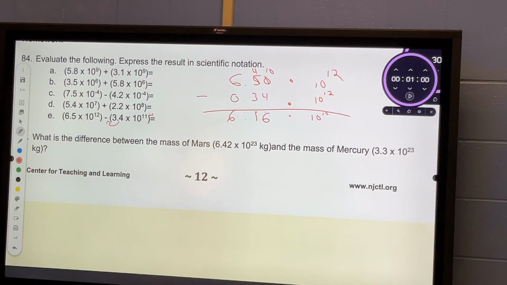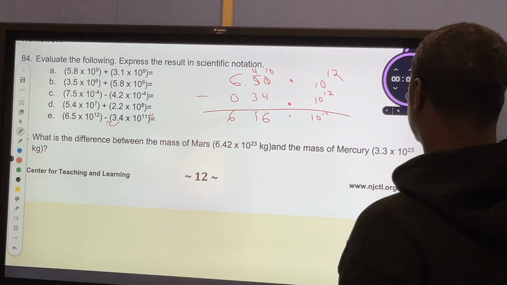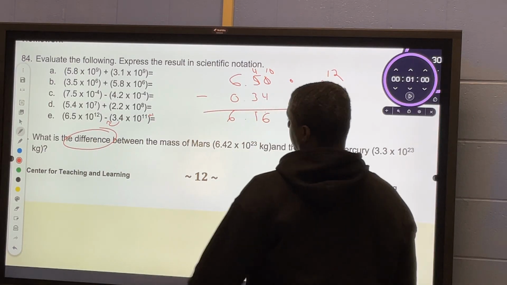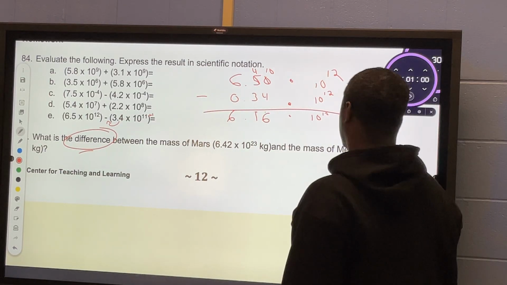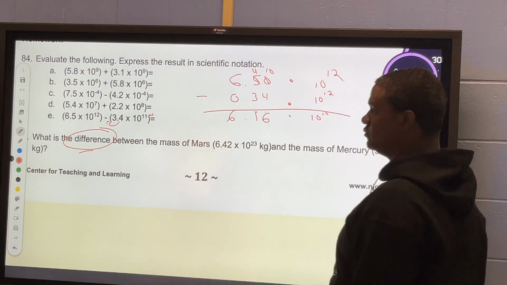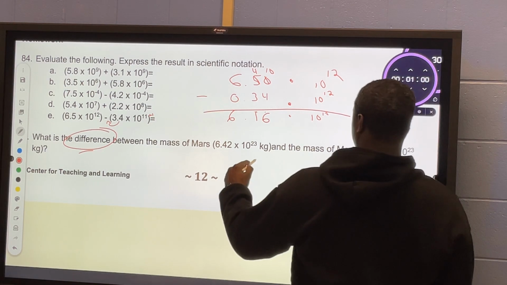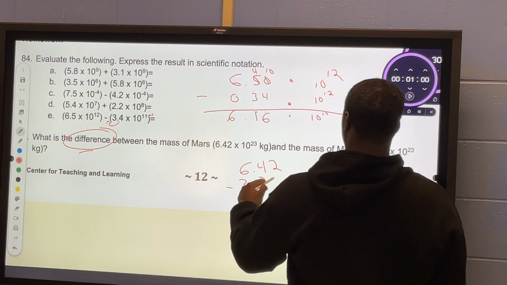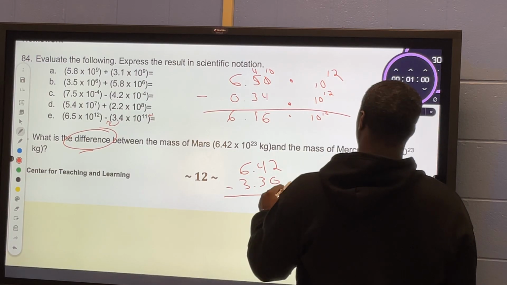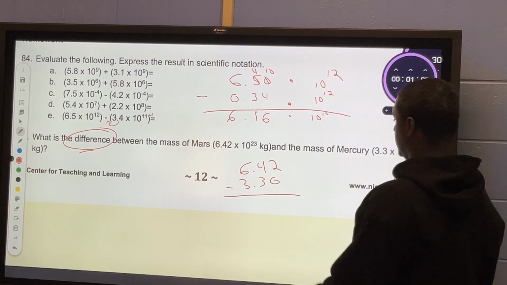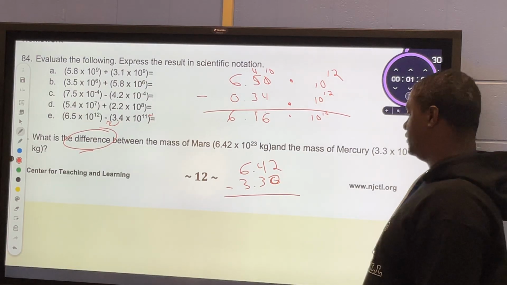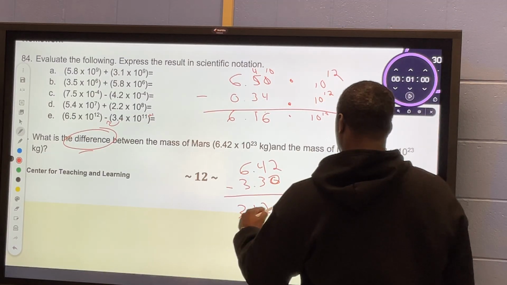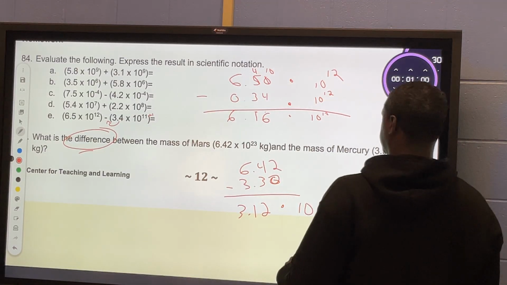Alright, what else did I get? 9.72 times 10 to the 23rd power. It says, what is the difference? What does difference mean? Subtraction. So, never mind. 3.12 times 10 to the 23rd power.